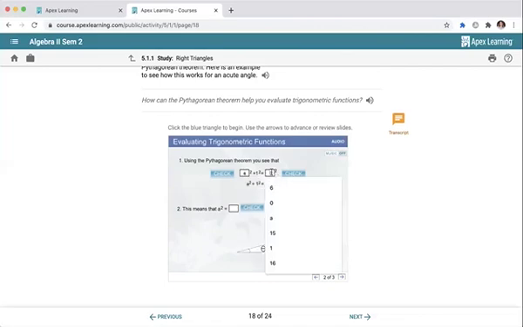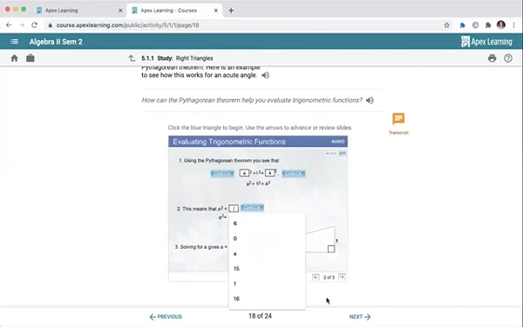So this is asking us to do our Pythagorean theorem here. That's a squared plus b squared equals c squared. So a squared plus 1 squared equals 4 squared. That means a squared is equal to 15.